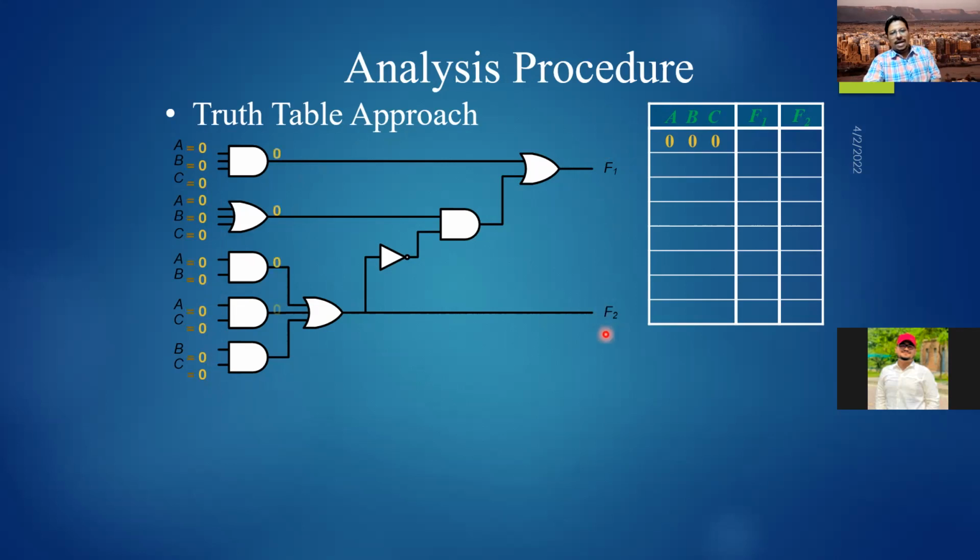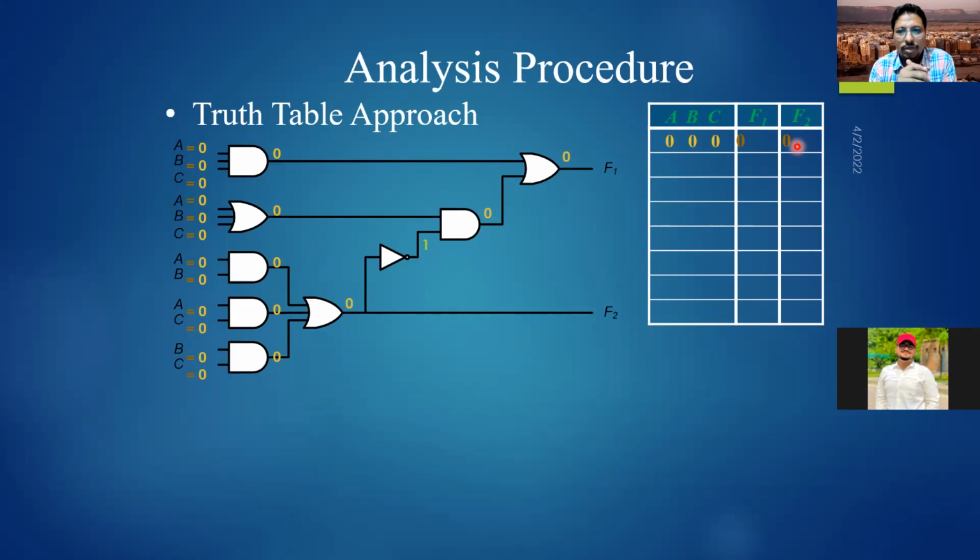If I apply them, you can see that the result of the first ANDing gate, all of them are zeros, so it is zero. Even the ORing gate, as all of them are zeros, it will be zero. All the ANDings are zeros, so the ORing of them is zero. So from here I can see that F2 is zero. Here is the result of it. I will write it there.